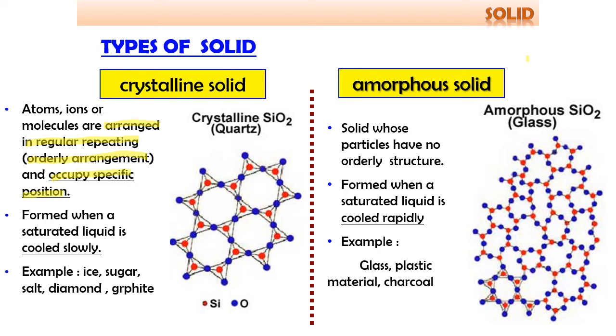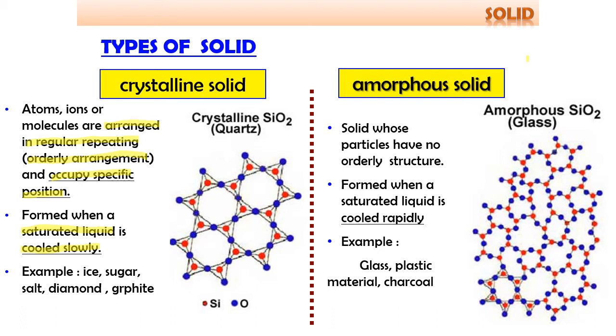It is formed when you have saturated liquid that is cooled down slowly. So maksudnya the atoms or ions or molecules will have more time to rearrange themselves in an orderly, regular, repeating arrangement.